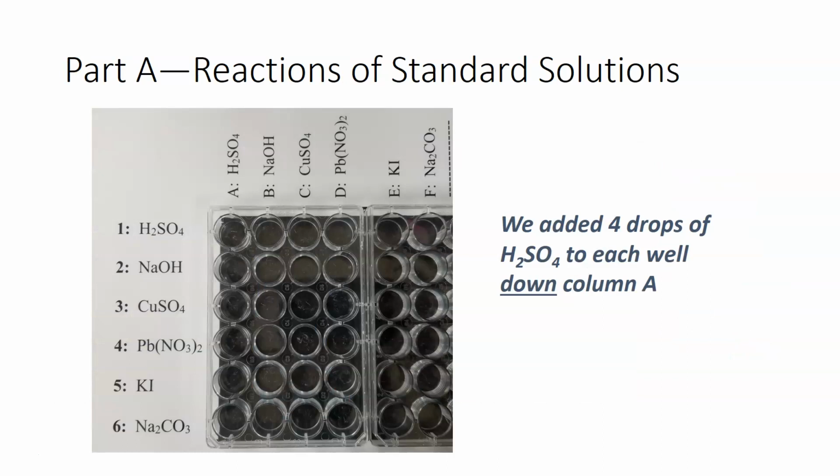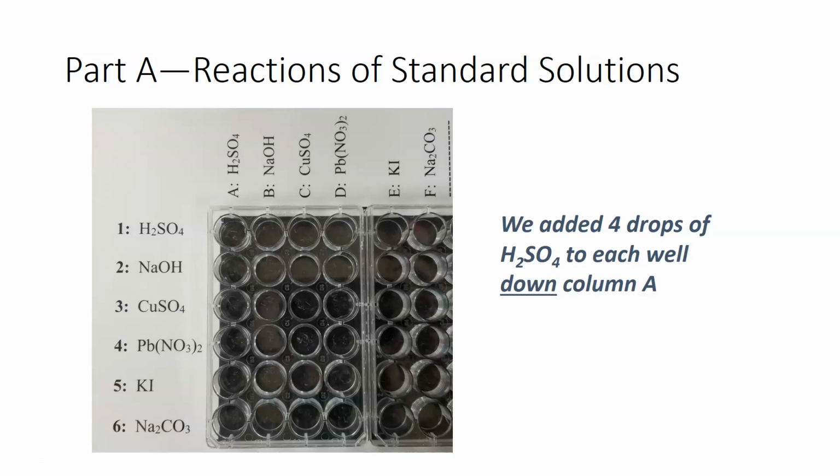The way we're going to test these 6 solutions systematically is using these well plates, as you can see in the picture on the left. We have a template to label the 6 solutions at the top and to label the 6 solutions on the left-hand side. To react the solutions systematically with one another, we use this table here.